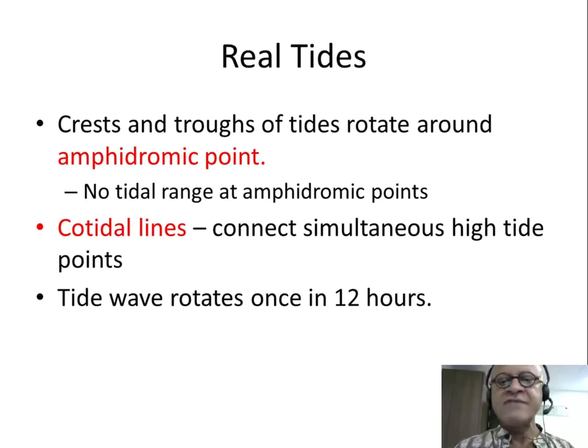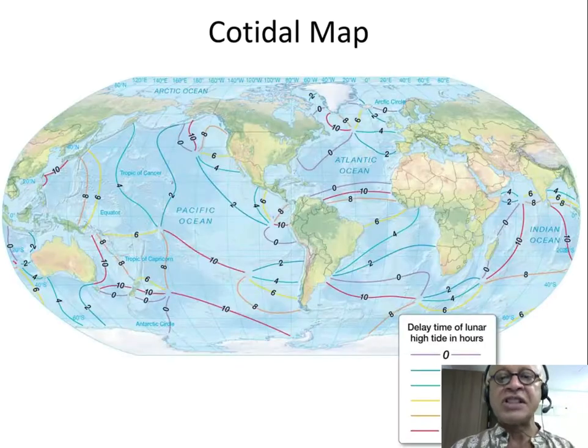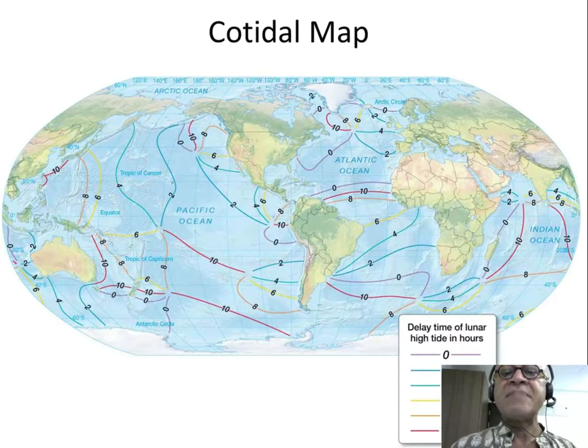So the tidal waves rotate once in 12 hours because we still are stuck to the diurnal cycle, because the moon-earth system is still doing their rotational things. And this is how the cotidal map looks.